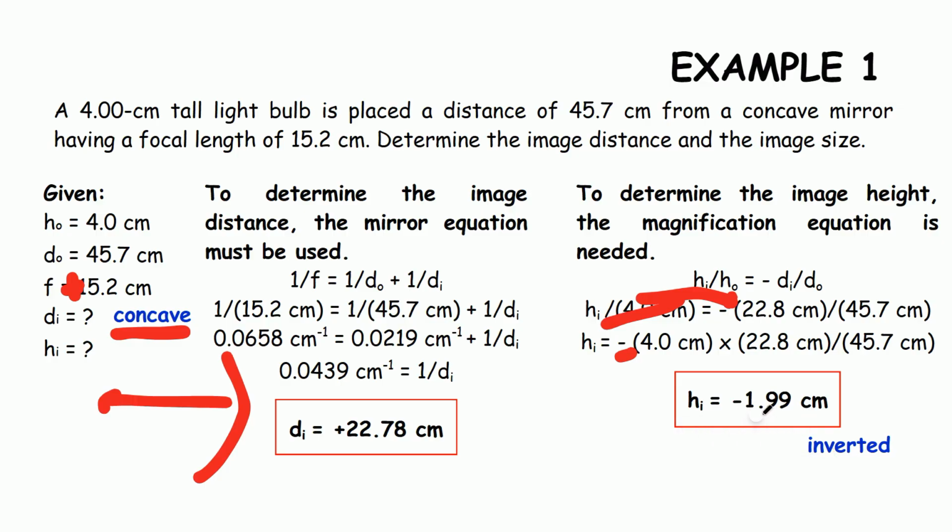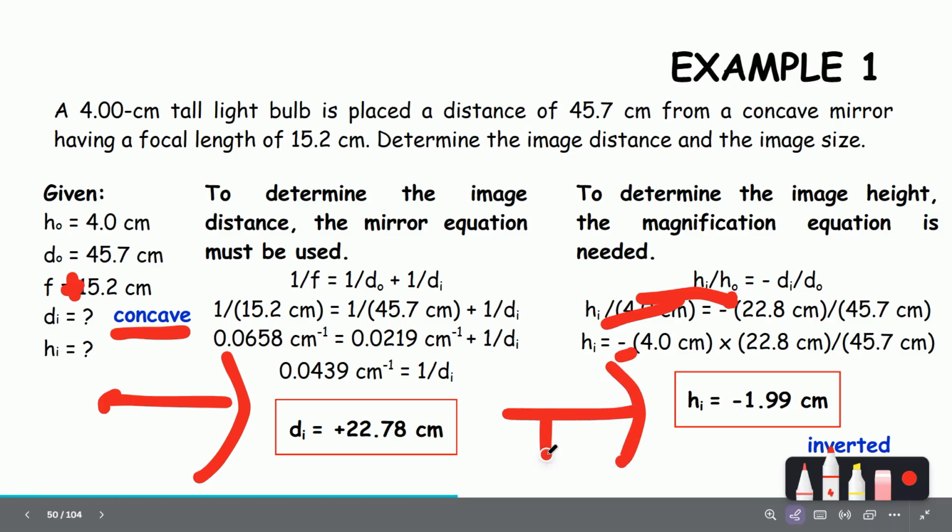Being negative, that means it is below our principal axis. So that means it is inverted. And since our image distance is in front of the mirror, that means it is real, given by the sign convention of plus, and image height being negative. This should not be forgotten.